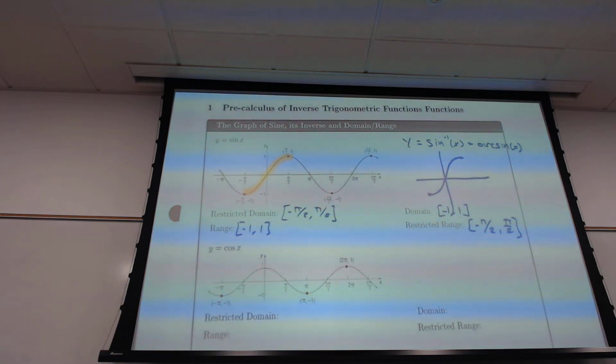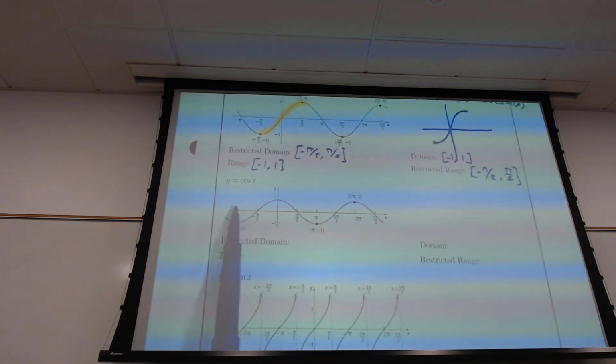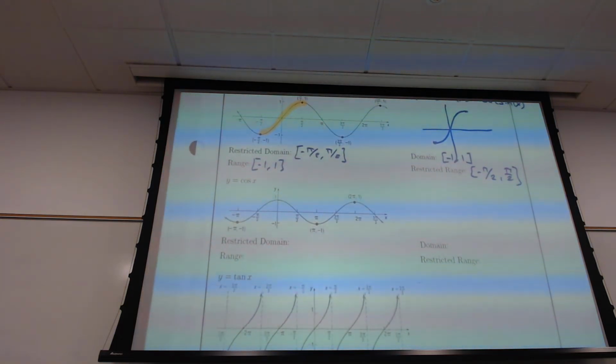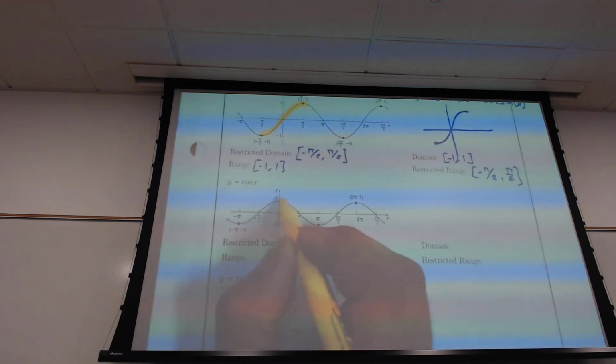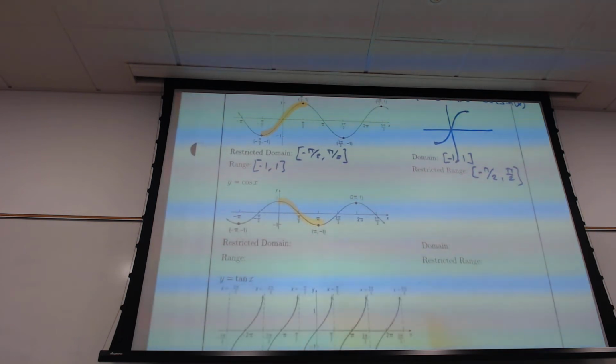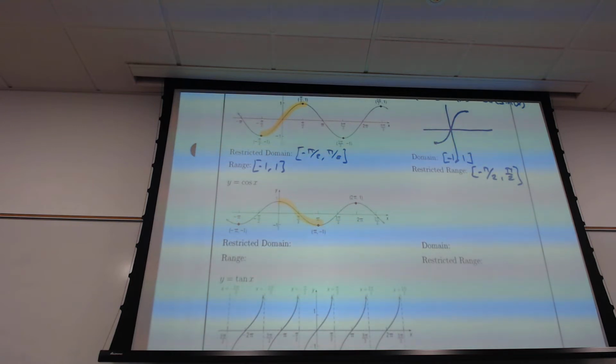Same situation with the cosine function and the tangent function. Again, we have issues with those two functions because they are not going to pass the horizontal line test. Therefore, they're not one-to-one and not invertible. But a way around this is to take only a portion of the graph for which the function will be invertible.